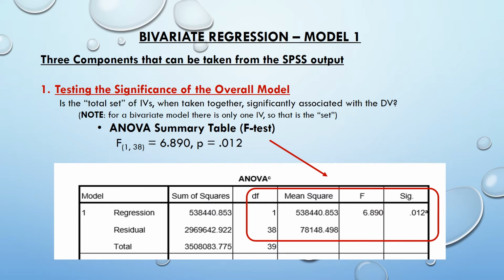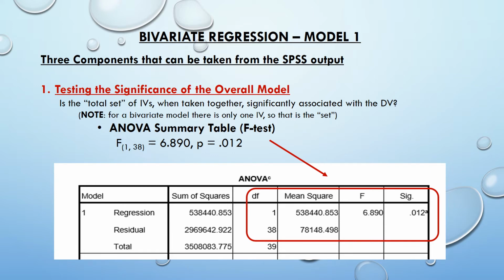So the one thing that I'm going to try my best for you guys to understand for the sake of linear regression for this semester are the 3 components that we want to be able to take away from the SPSS output. There are 3 things we need to be able to recognize. 1, we need to talk about what we call the overall model. Is the overall model statistically significant?